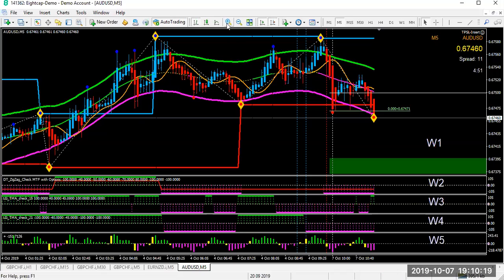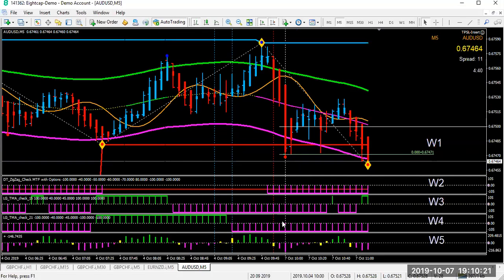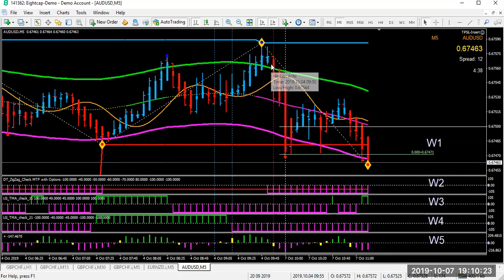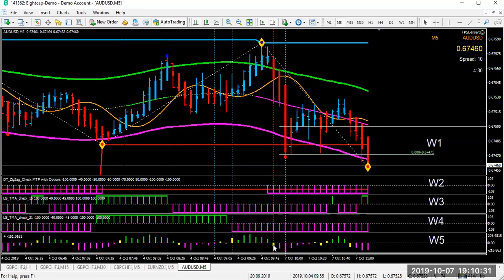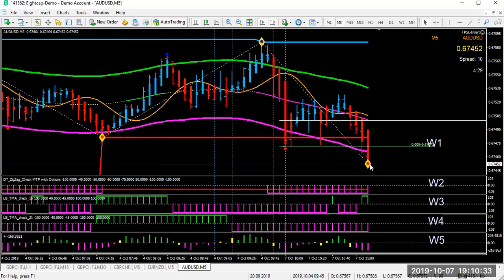Okay, so let's just see what's happened. Confirm red vertical line. So price wants to get a current low diamond, which means a diamond with a white dotted line, which it has. Our center line is still solid pink, so there's still momentum going down.